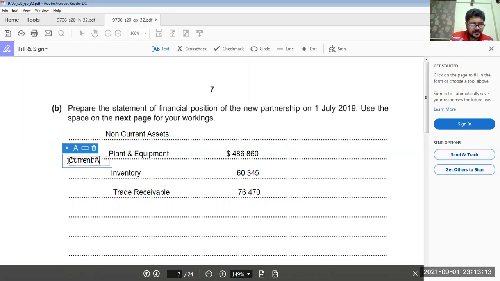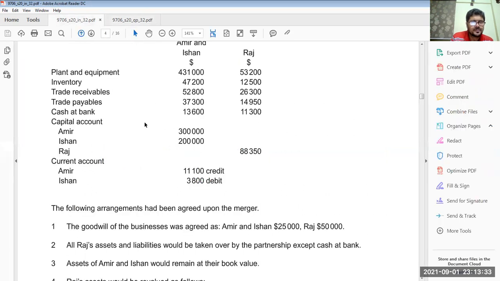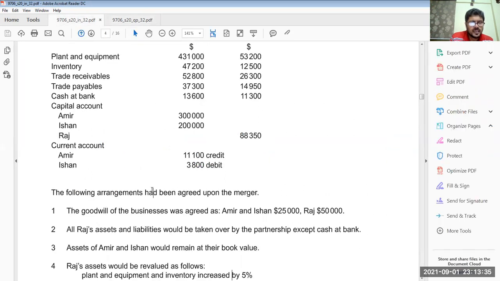Current assets: plant and equipment, inventory, trade receivable. We are done with that. Okay. Now come to cash at bank.